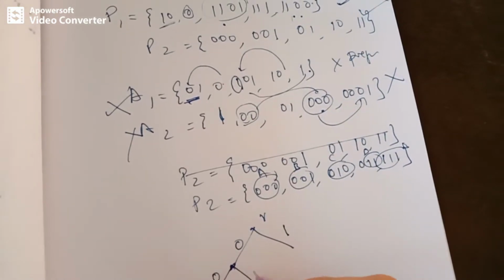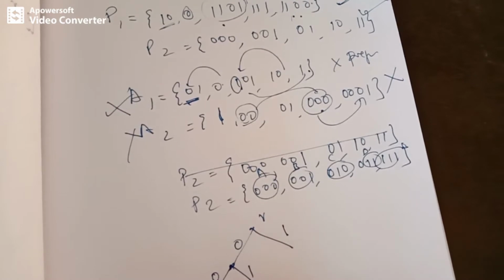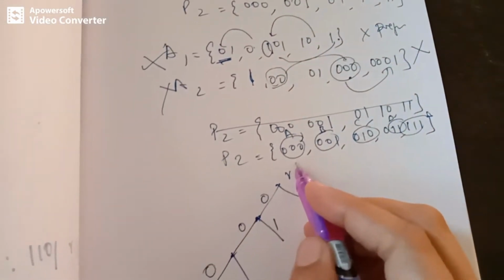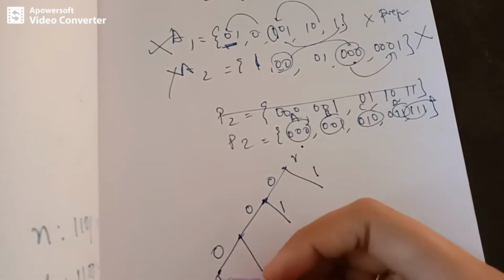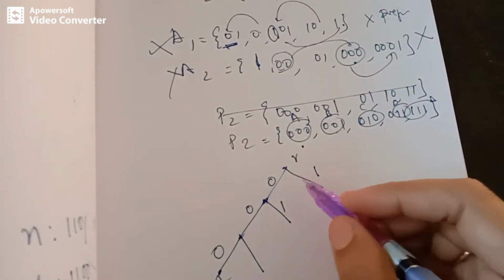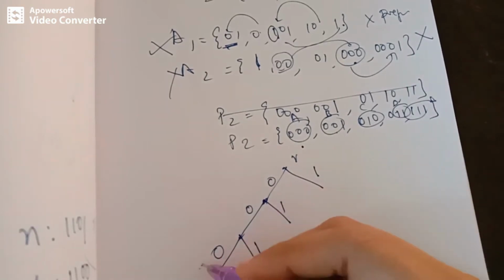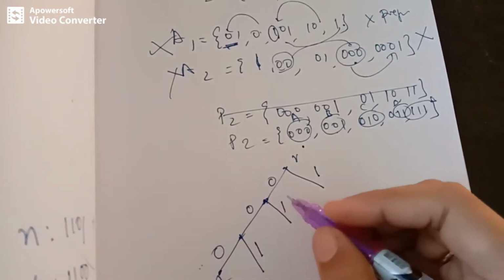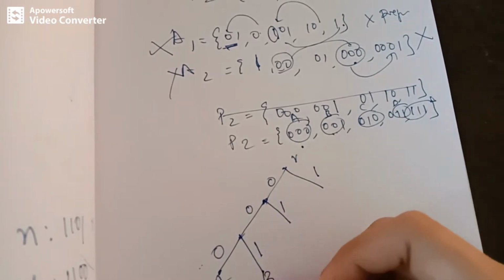So we go on successively until we reach the correct label. Here we have reached the third stage 000, which is represented by A. Likewise, B: the left branch is 0, right branch is 1. So 001 represents B.